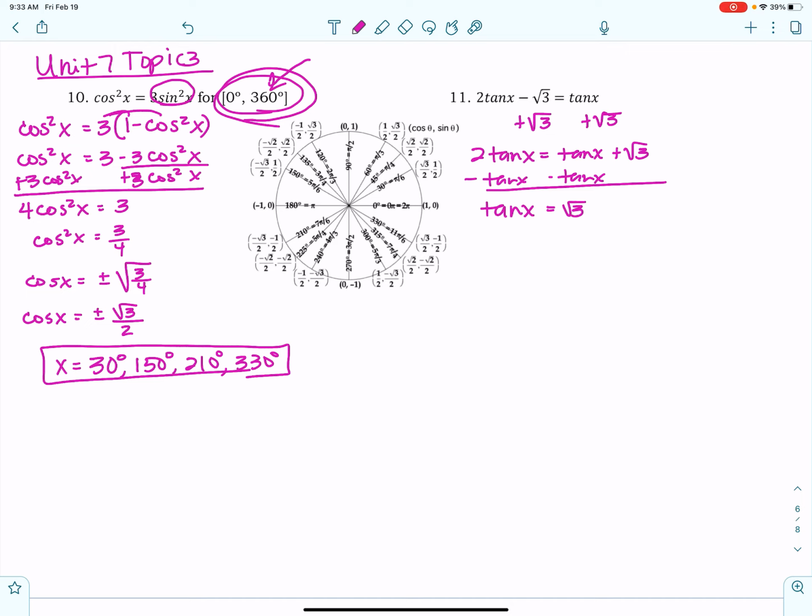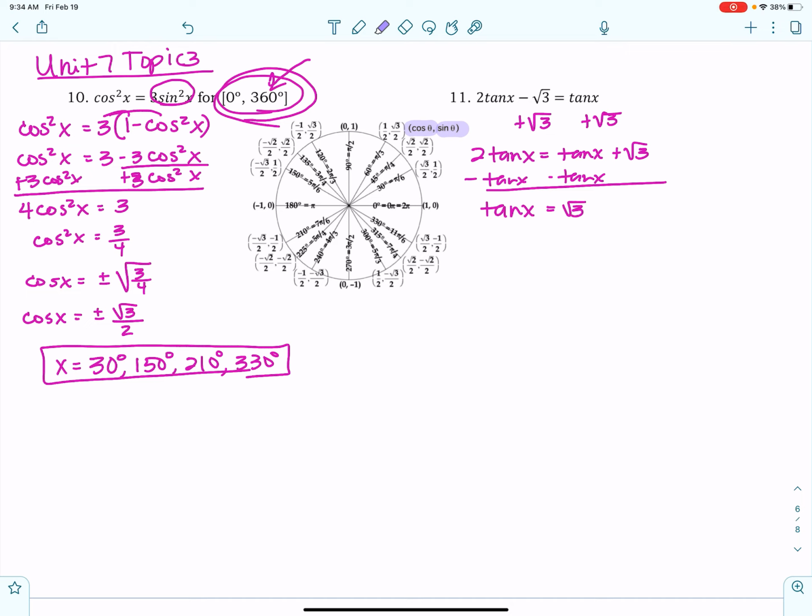All right, so where does tangent have radical 3 as its solution on the unit circle? Well, remember, tangent is sine divided by cosine. Sorry, I said that incorrectly, I think.